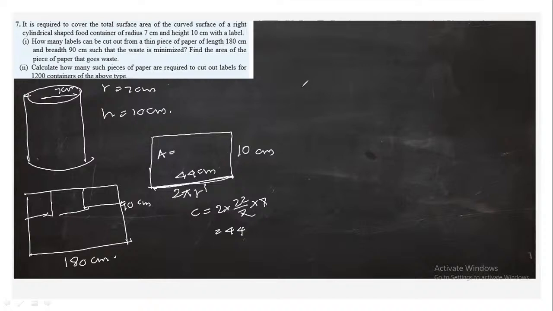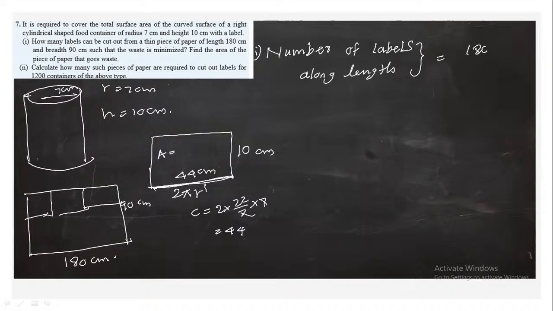Then we can write number of labels along length: 180 divided by 44. Nearly we can cut 4 labels, right?